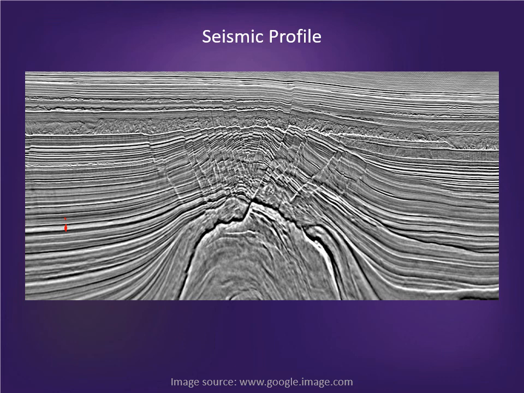Here some forceful injection of an intrusive body occurred, and due to that these lower layers are curved and there are some discontinuity surfaces generated. Those are the faults by which the layers become discontinuous, but in the upper part again the layers become horizontal.